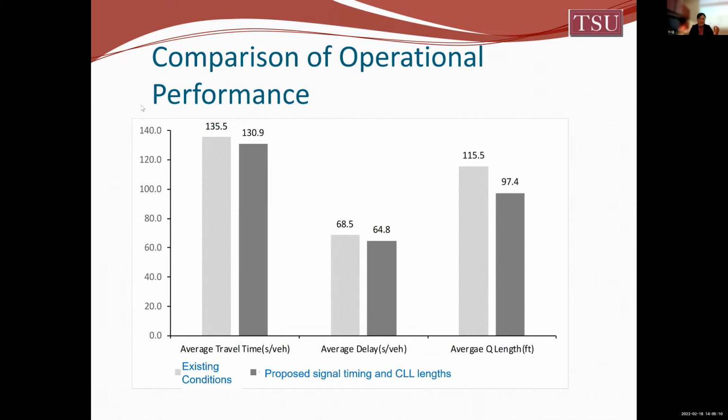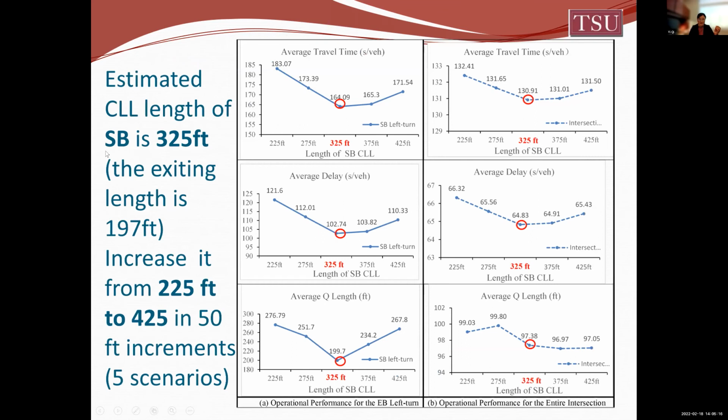Then we also tested if the control flow left turn length we estimated for the southbound is the best length. The location we recommend is 325, so we gradually changed the length from 225 to 425. Here the results show the intersection travel time, delay, and the queue length for all the traffic.